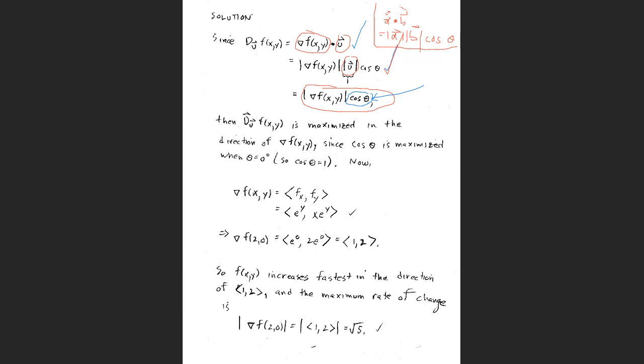And so the directional derivative is maximized in the direction of the gradient vector, since the cosine of theta is maximized when theta is 0. We should use radians, but you know what I mean.